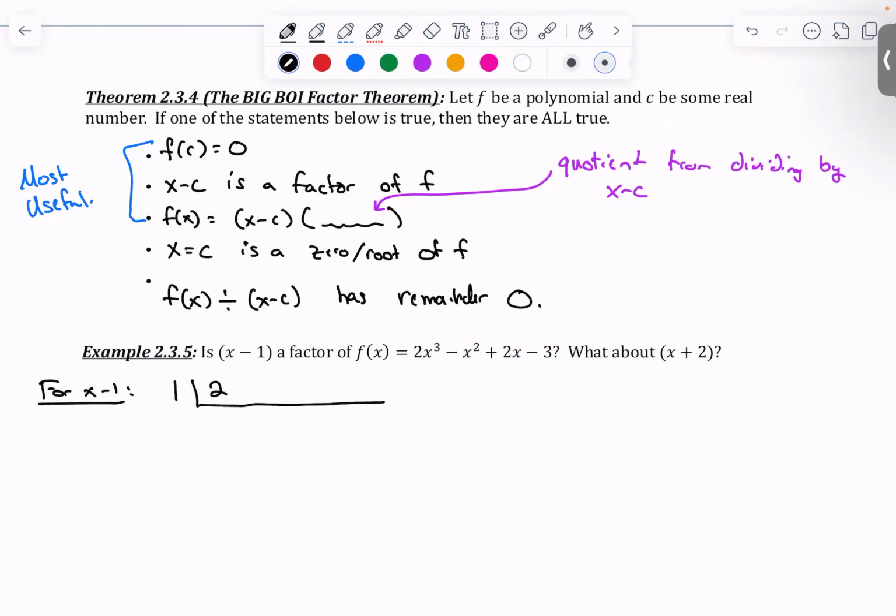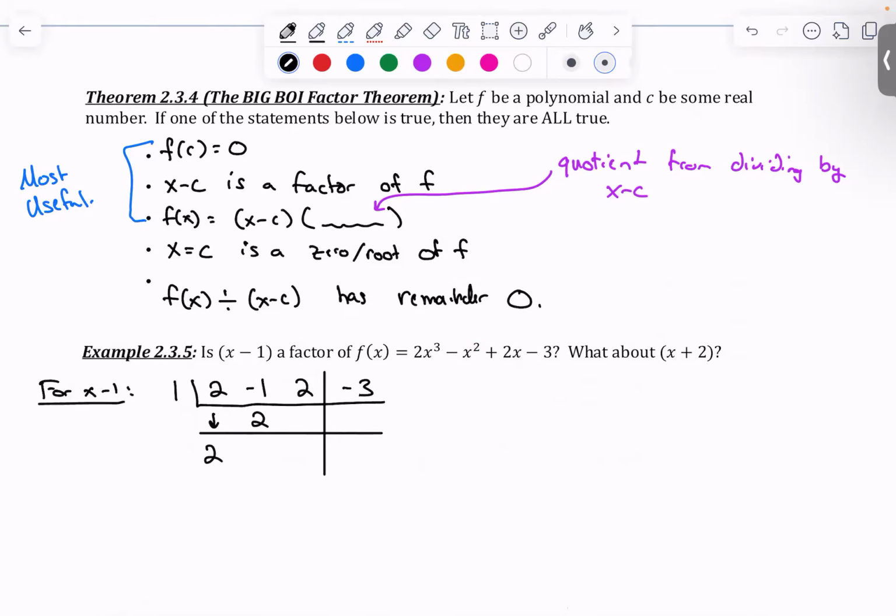2x cubed minus 1x squared plus 2x minus 3. If it were a factor, then when I divide, I should get a remainder of 0. So bring down the 2, multiply diagonally and add vertically. 1 times 2 is 2.